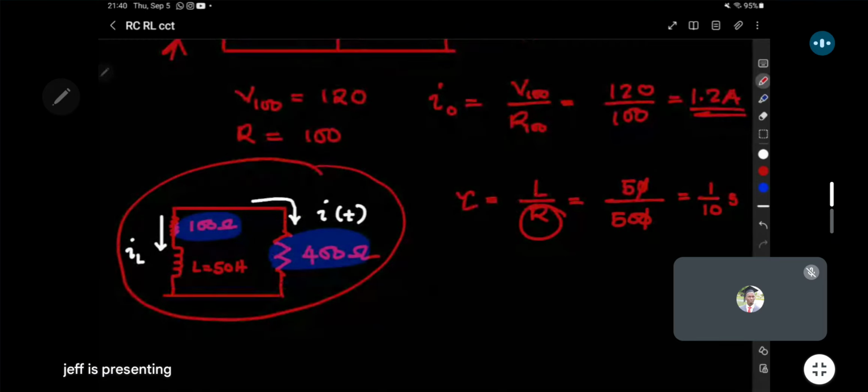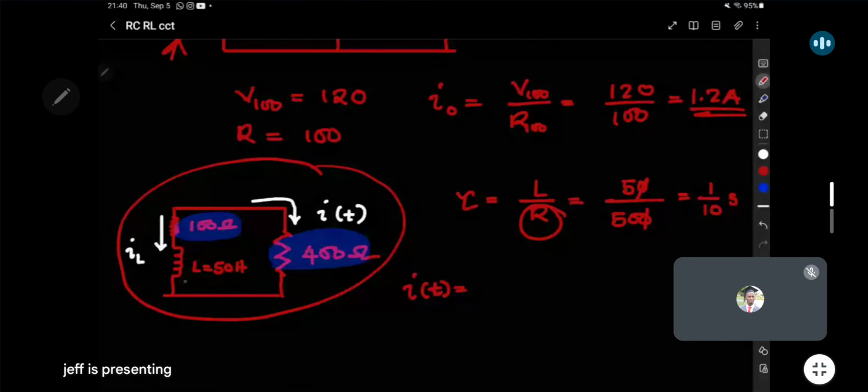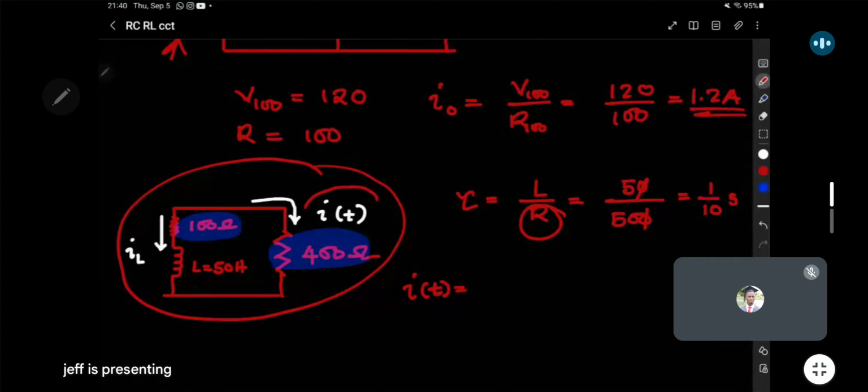So now we can finalize our expression for the natural response. The current response coming from the inductor, in the end, this is what will come out as our i(t). So this current response will be equal to I0 e to the minus t over tau.